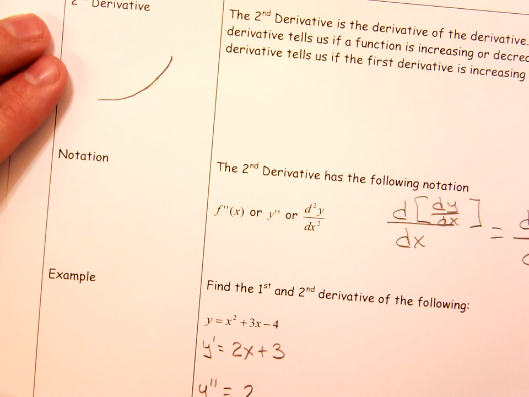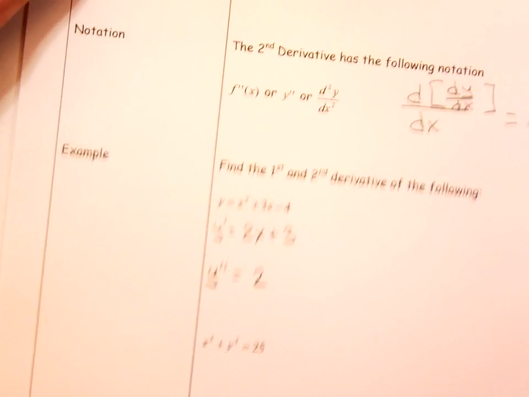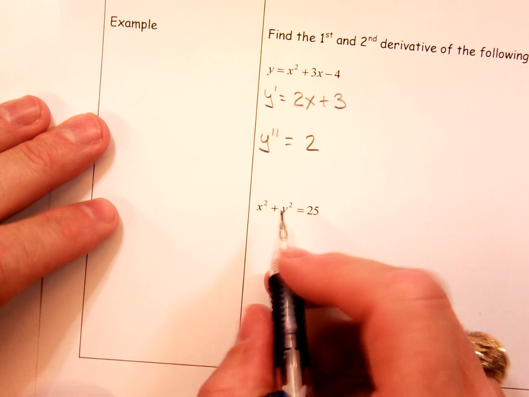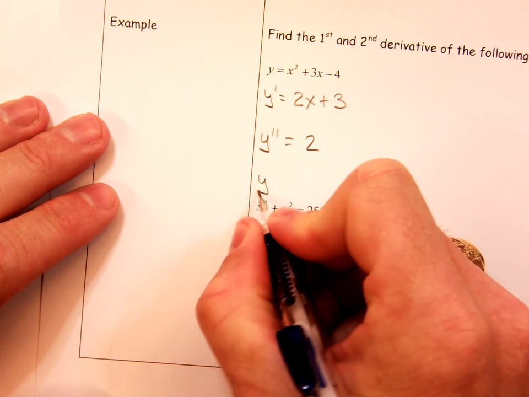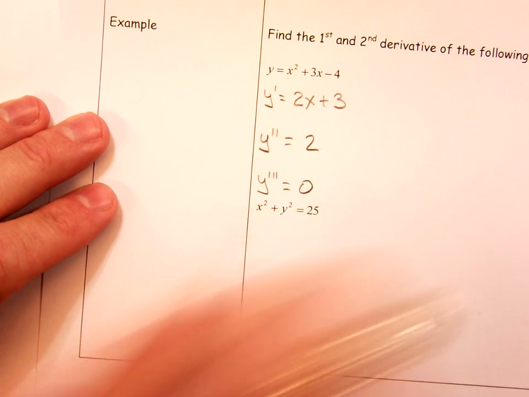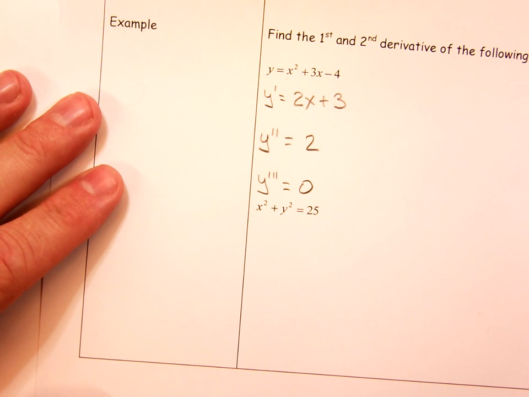It tells you that the second derivative is positive, and it's 2, so you could tell the graph is concave up. If this were the position function, the velocity would be 2x plus 3, the acceleration would be 2. And there's other applications for that. The next one, what would the third derivative be? 0.